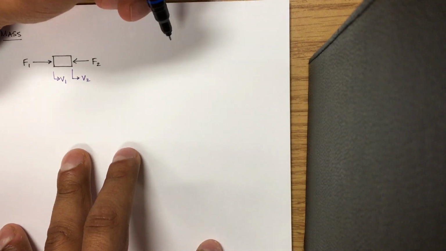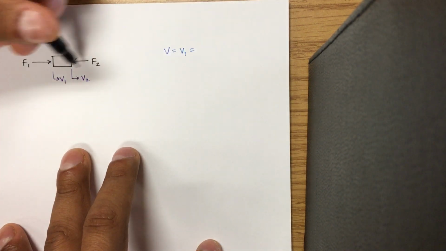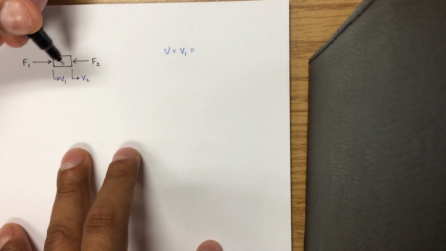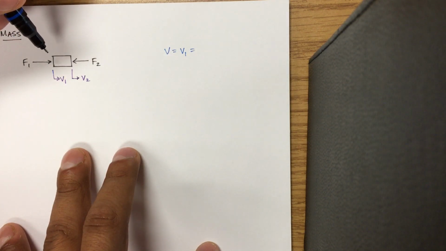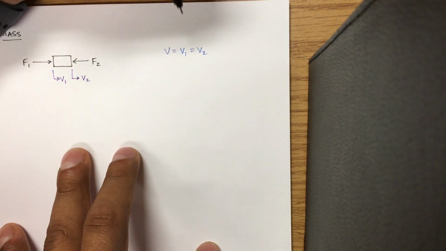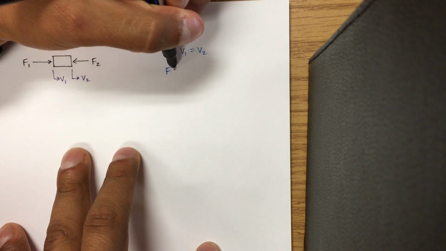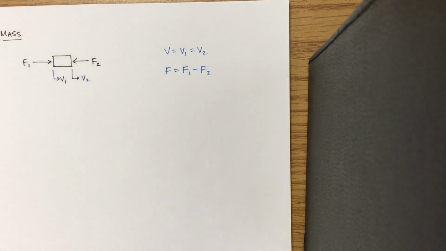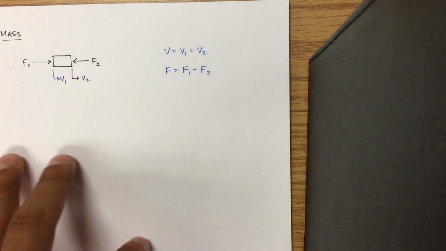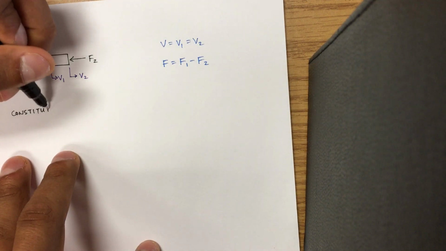And so we have overall flow here from V1, which, if this mass is the same, we're not saying it's changing from state 1 to state 2, so it's moving as one homogeneous unit, V1 equal to V2, so the flow is the same. However, the force that it may experience, the force flow here, F, is F1 to F2. And just like in the other cases, we can define our constitutive equation.